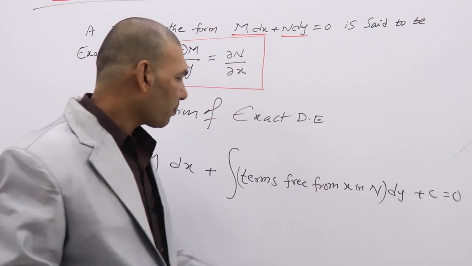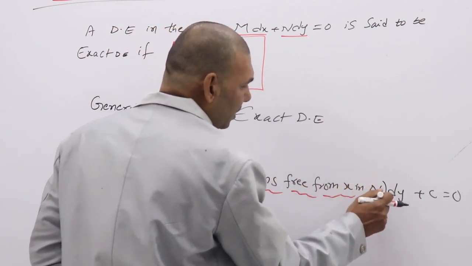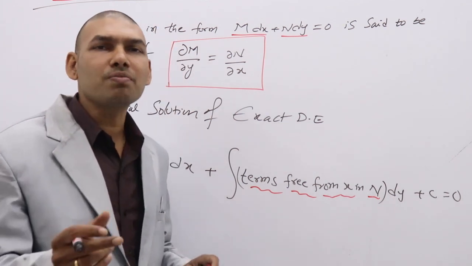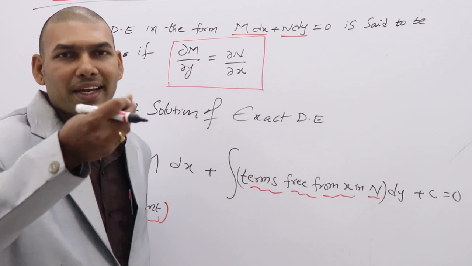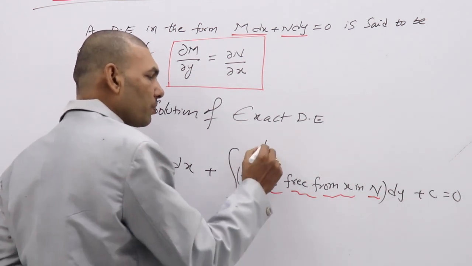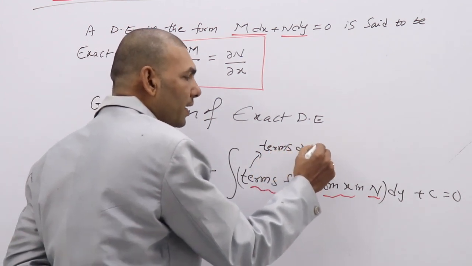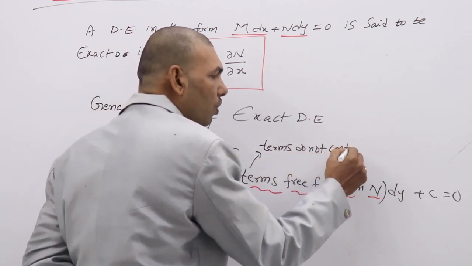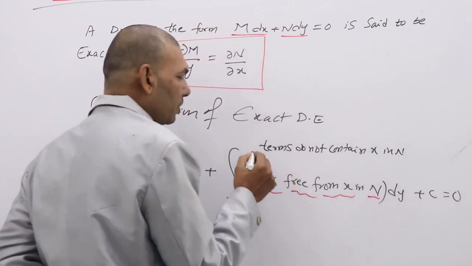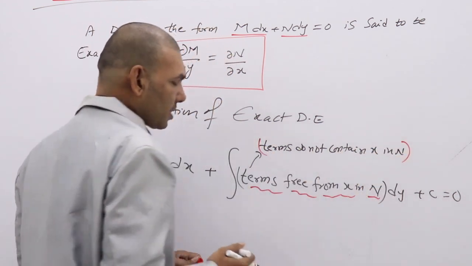Coming to the second part, terms free from x in N. In N, you need to identify the terms which do not contain x. This is the exact meaning of terms free from x.